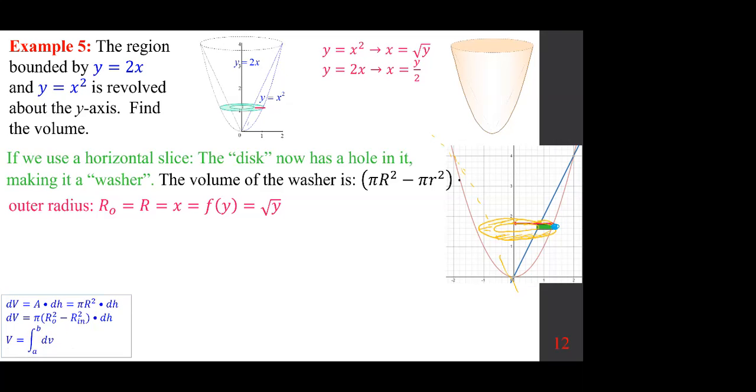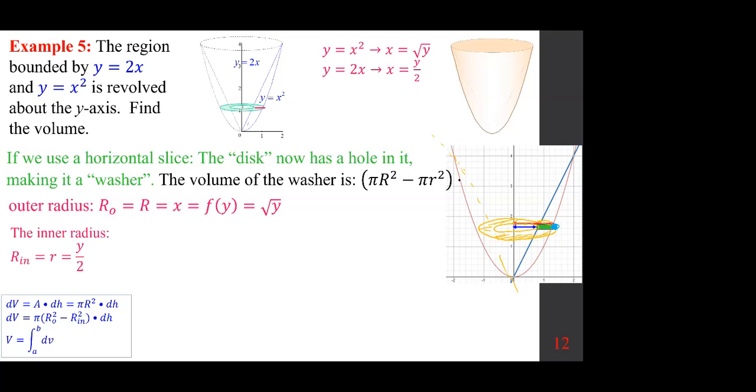And here's the inner part. Look at the blue one. The x coordinate of the line, everybody, is R in, the inner radius.